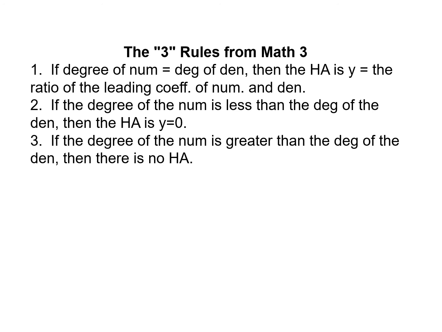If the degree of the numerator is less than the degree of the denominator, then your horizontal asymptote is y equals 0. And if the degree of the numerator is greater than the degree of the denominator, then there is no horizontal asymptote. And the reason I wanted to review these 3 rules is this will help us in determining the values of some of our limits.